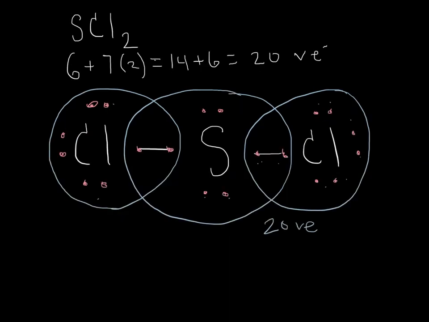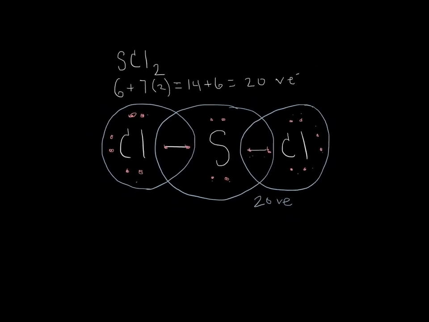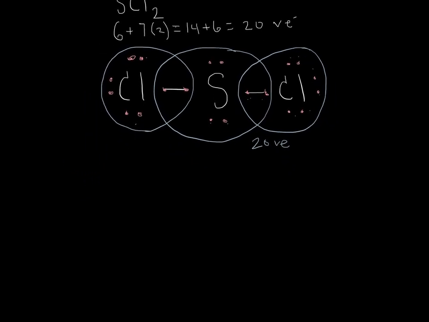So the final product for this Lewis structure should look like this. So we have sulfur in the middle, bonded with chlorine on each side.